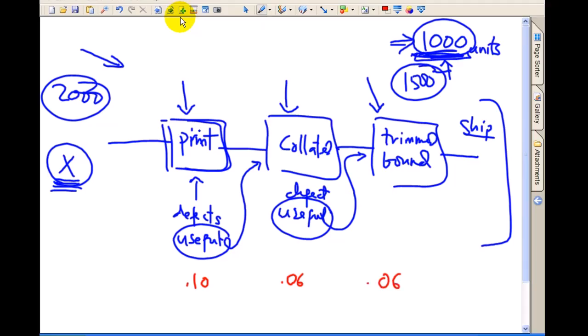This is the defect rate, or you can call this mortality rate, death rate, whatever you want. If we subtract this 0.1 from 1, you get the harvest rate, or the success rate, which is equal to 0.9, 0.94, and 0.94.